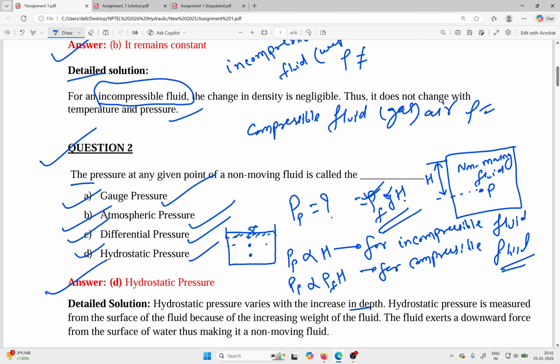As we move down, the whole water above will be considered for the pressure. As we move down again, the water above will be responsible for the pressure here. So that's why you need to measure from the top. The fluid exerts a downward force from the surface of the water, thus making it a non-moving fluid.